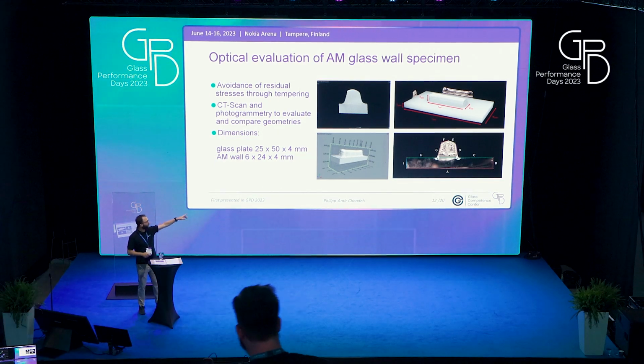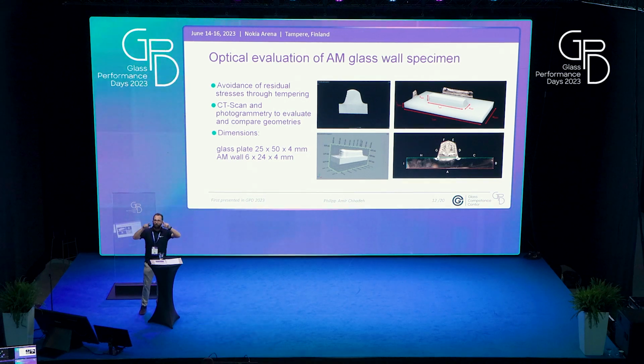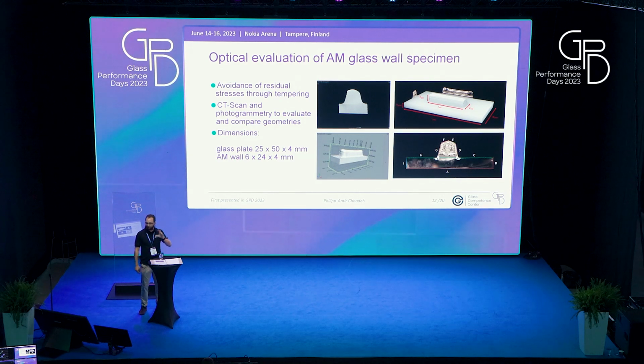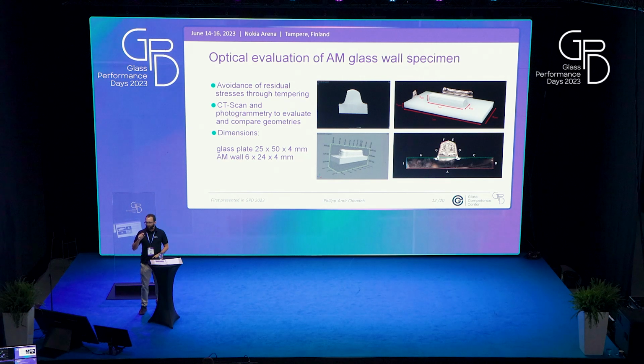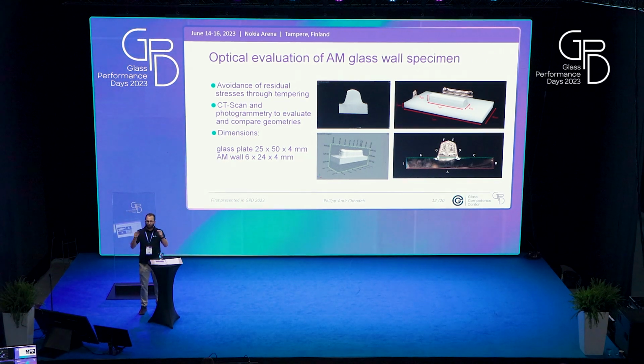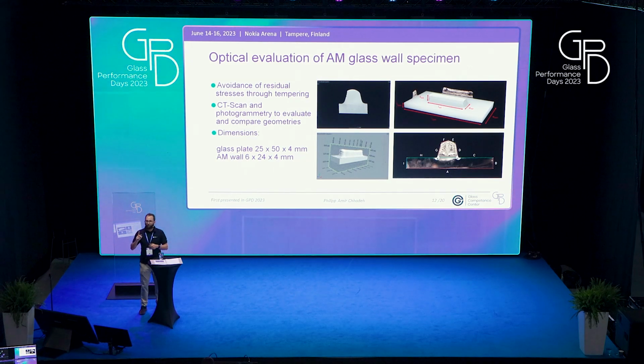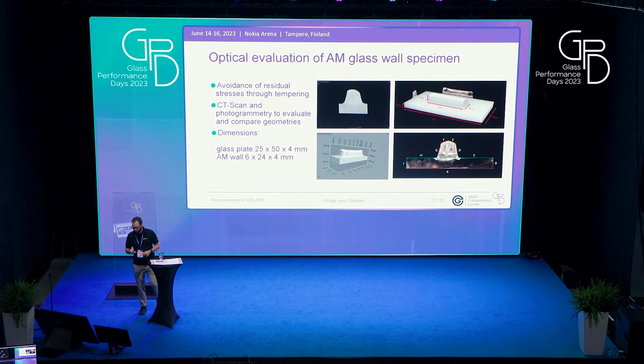We're interested in the shape and the contact angles at the bottom. And just for you to have a scale, the glass plate is roughly 25 by 50 millimeters, 4 millimeters thickness. And this wall is 24 millimeters long, 6 millimeters wide, and 4 millimeters high. So these are the dimensions.